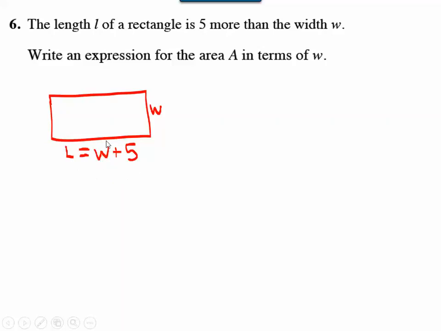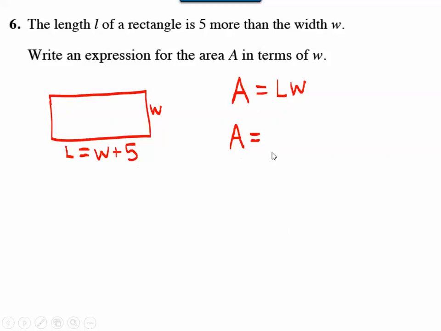Okay, now let's write in terms of area here. Area is equal to, and the general geometry formula is just length times width. We want the area in terms of just W, so that means we want to get rid of the L, somehow substitute it out. And we do have a way to do it because we know that L is the same thing as this.